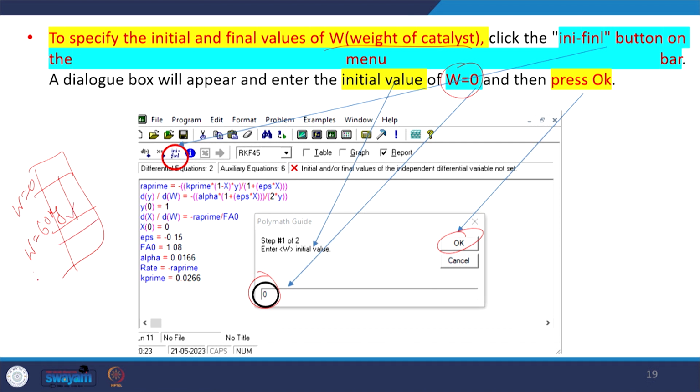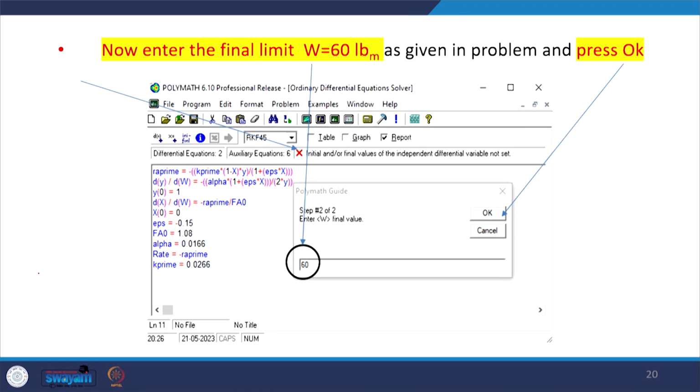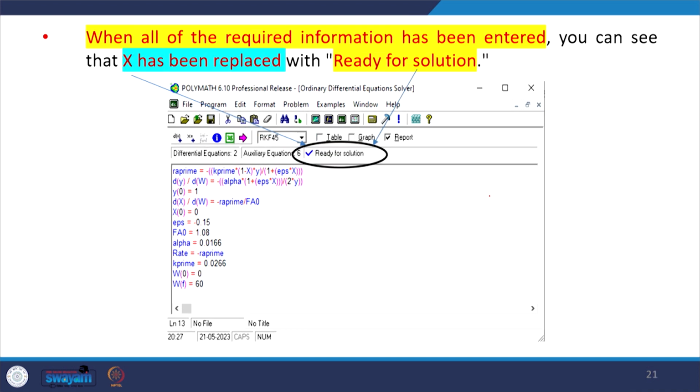If we want, we can use W equal to 70 kg. So, the initial and final values we put, and the final value is 60 pound mass that we have taken. Then we press OK, and see here the initial weight and final weight are given, the initial conversion is 0, and the initial pressure ratio is 1.